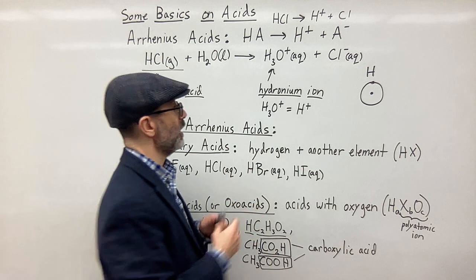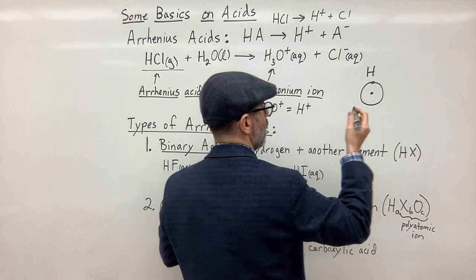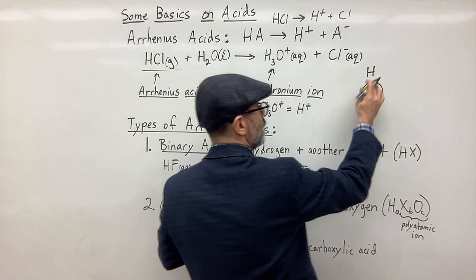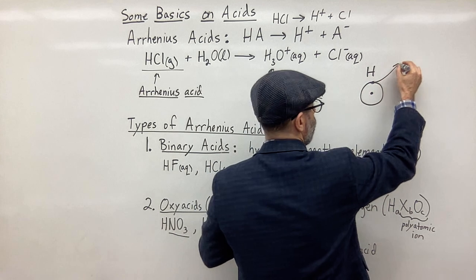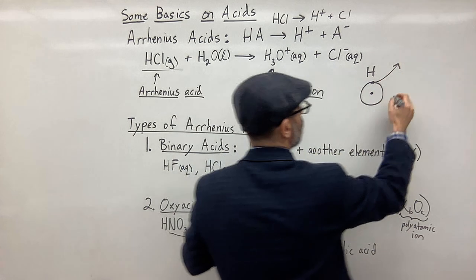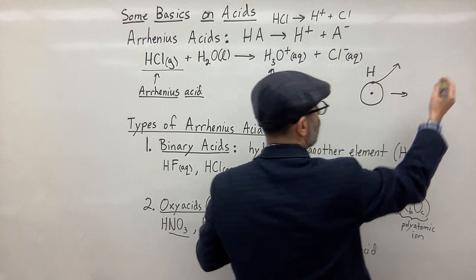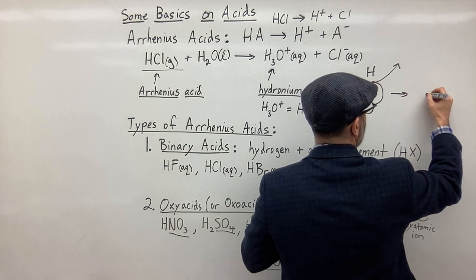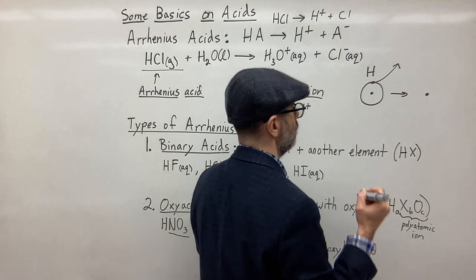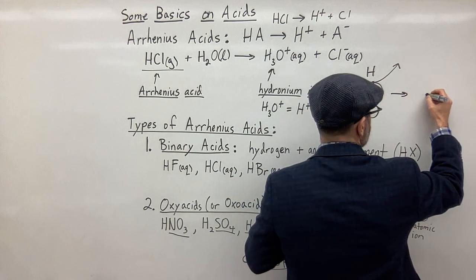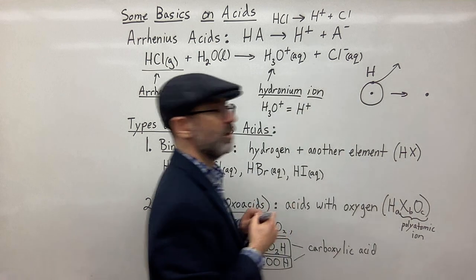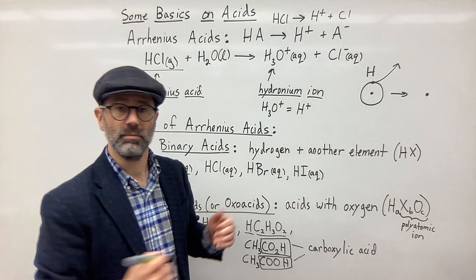Now, if you get rid of this hydrogen, if you get rid of the electron, if this electron goes away, then now it's just going to be the proton left behind, or the nucleus, I should say. So it's going to be just the nucleus left behind with no electron, right?